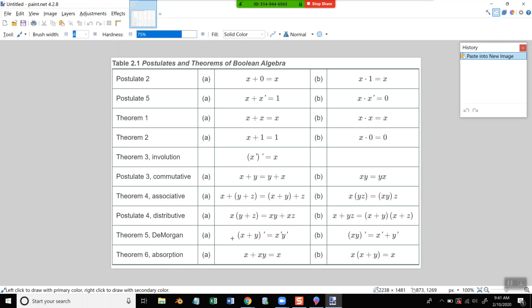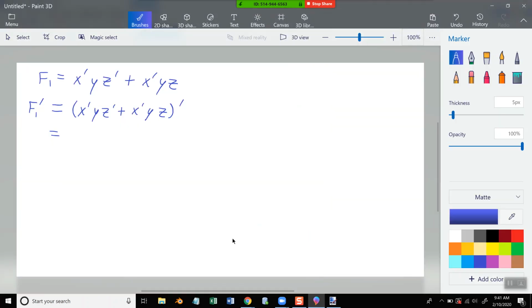De Morgan's theorem down here says that you've got x or y, x plus y. That's theorem 5a. But here you're saying, well, we've got more than that. But remember what this all equates to. If I were to put this in the truth table, it just gives me ones or zeros. This just gives me ones or zeros. So really, we just have two inputs here.